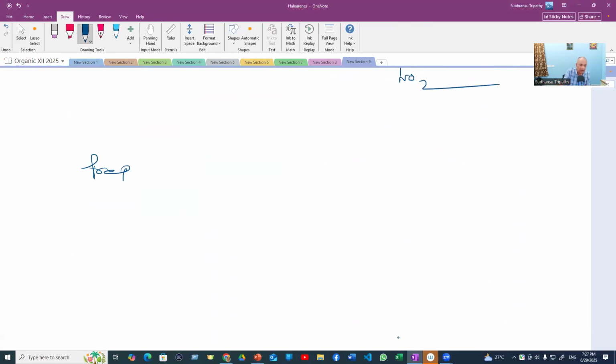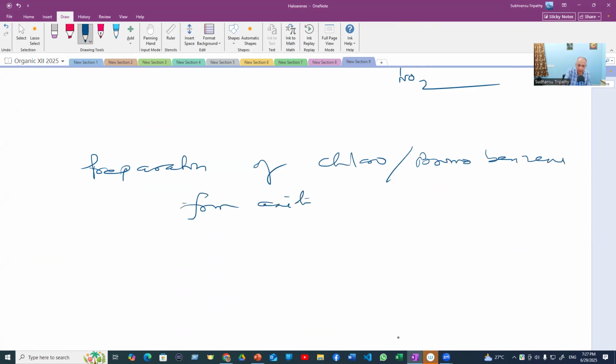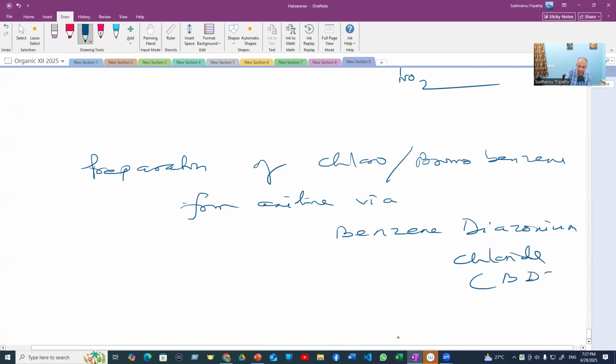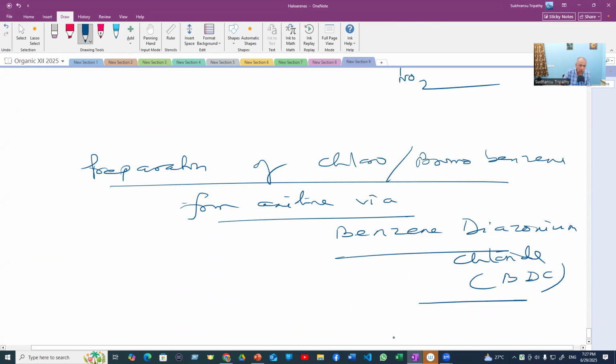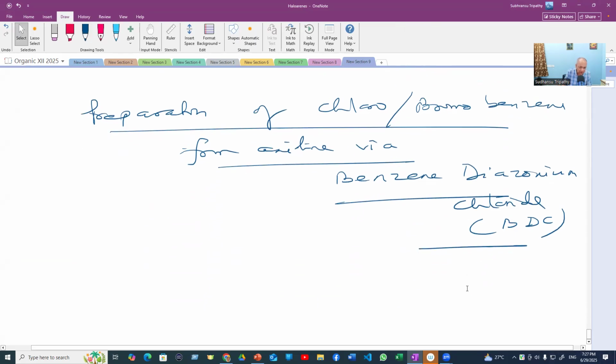I'm writing here: preparation of chlorobenzene or bromobenzene from aniline via benzene diazonium chloride. It's shortly called BDC. Now we will know in detail in our amine chemistry, but it's not difficult.